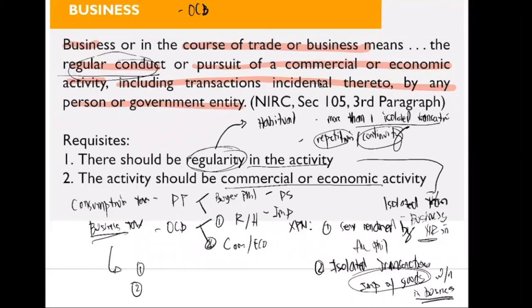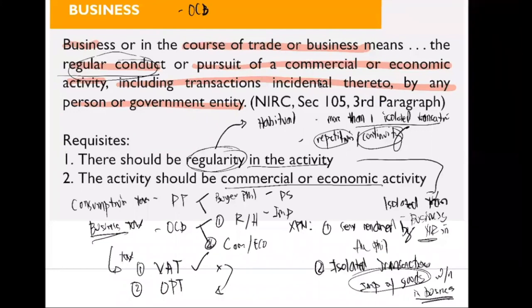But actually, we said we only have two tax schemes. That is your VAT, if you meet the threshold that is exceeding 3 million, or you are VAT registered, or if not, then you are subject to OPT. Again, if you are subject to VAT, VAT na. Pag hindi, dun ka lang papasok sa other percentage tax. So when are you subject to OPT again?